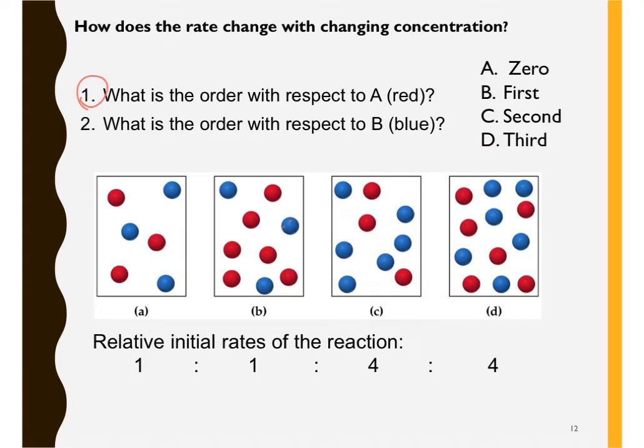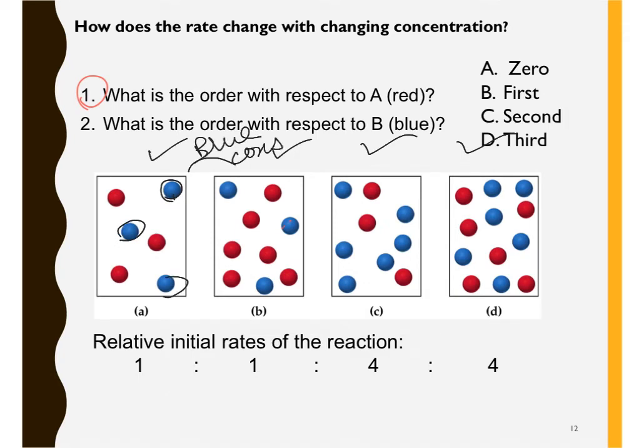So listen carefully to the procedure. When you have multiple experiments and each experiment has a different concentration of reactants, you want to pick two experiments where the concentration of one of the reactants stays the same. So blue is constant.